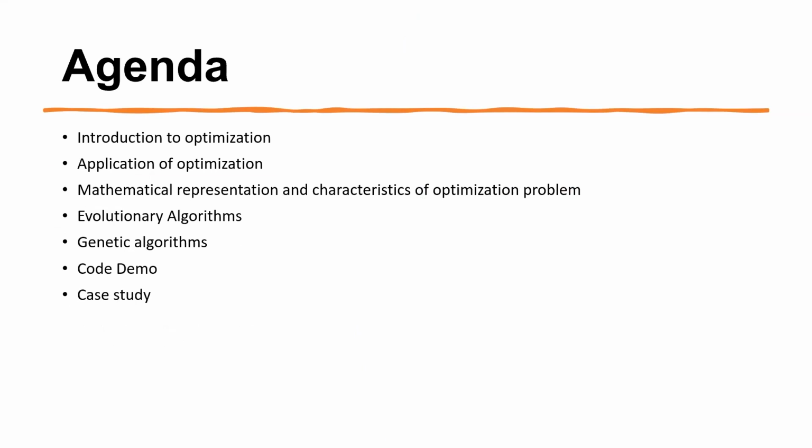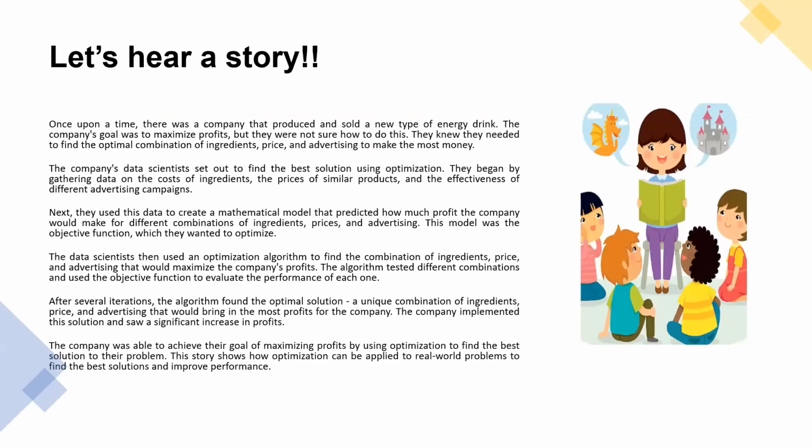So let's get started. At the beginning, let's hear a story. What I believe is anything which starts with once upon a time becomes a story. So there was a company which produced and sold a new type of energy drink.